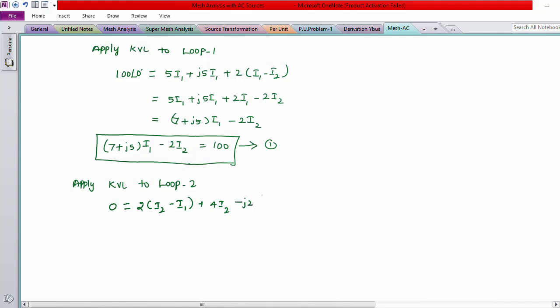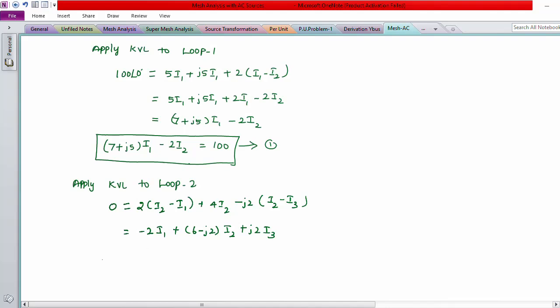minus J2 into (I2 minus I3). In this case, minus J2 is the capacitive reactance, which is connected common between loop 2 and loop 3, so we are writing minus J2 into (I2 minus I3). Now we can simplify this equation as minus 2I1 plus (6 minus J2) I2 plus J2 I3.